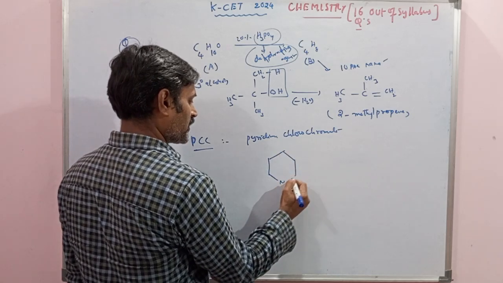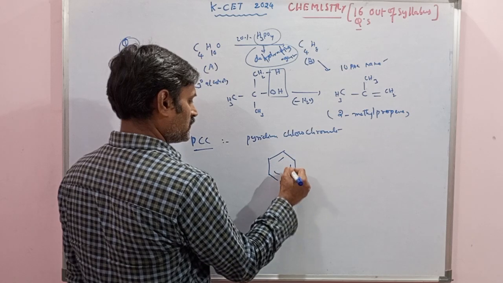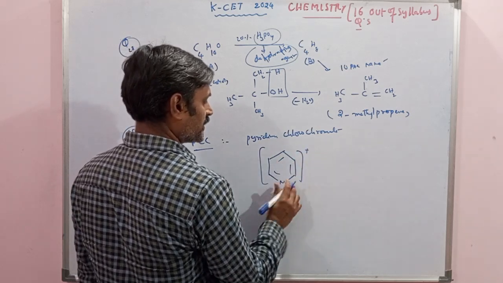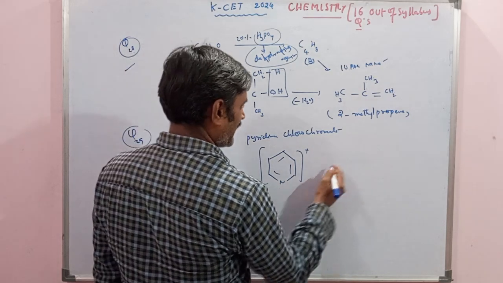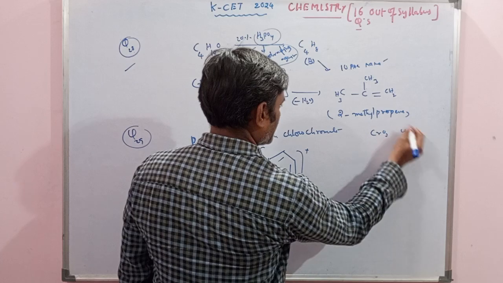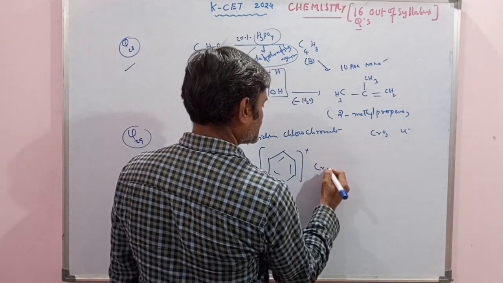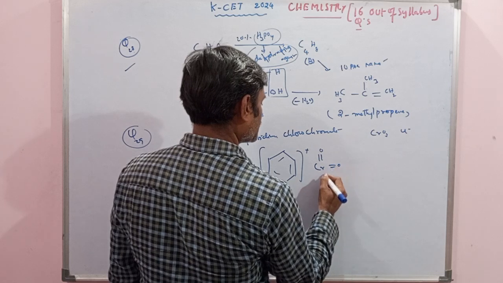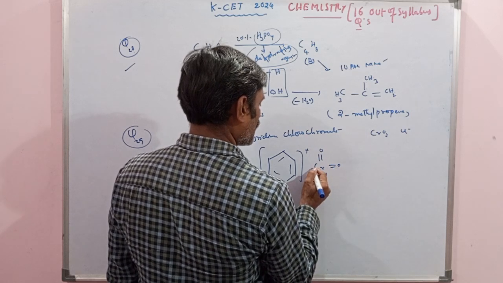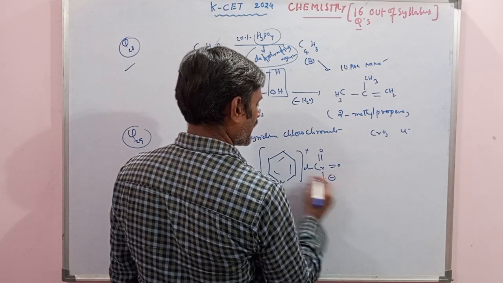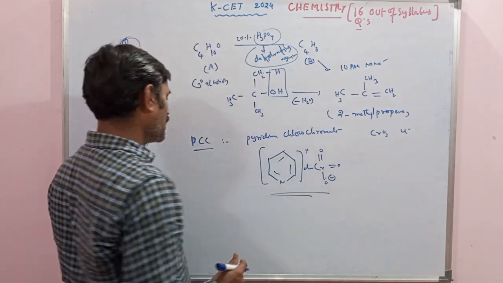Pyridine is a 6-membered ring, and with a positive charge we call it pyridinium. And chlorochromate: chromate means CrO3 mixed with Cl. There are 3 oxygens in this, and one chlorine is present, so one oxygen gets a negative charge. That is called pyridinium chlorochromate.